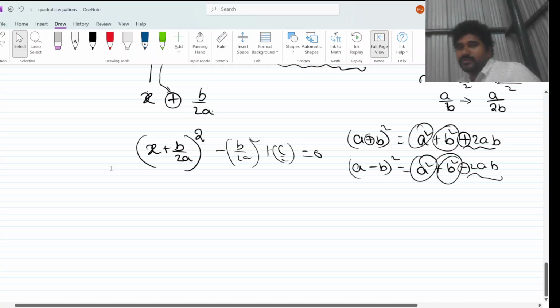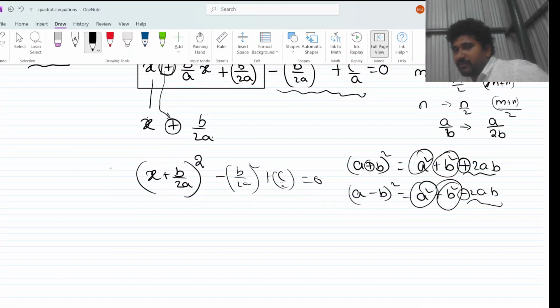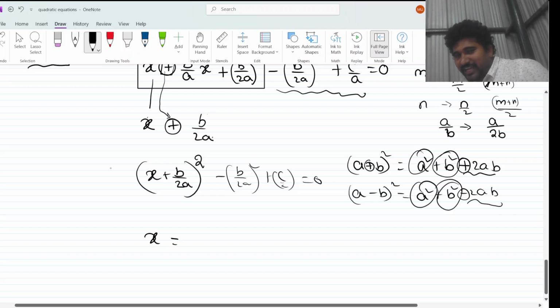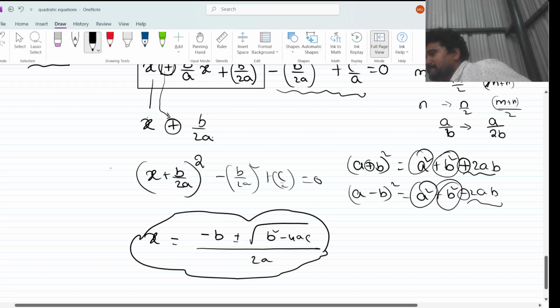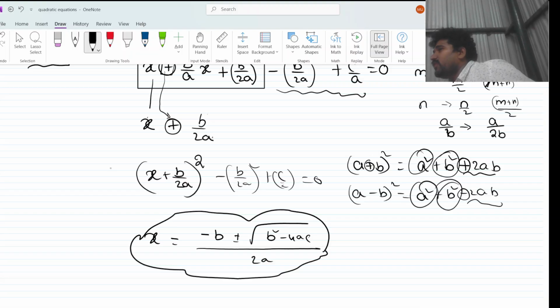Observe carefully. You have b square by 2a, right? It will end up as minus b plus or minus root of b square minus 4ac by 2a, the same formula. That's why they deleted this method. Okay, this will end up with this formula only.